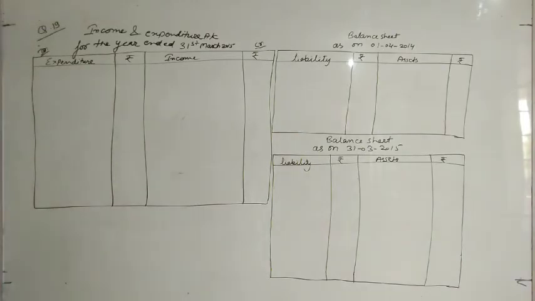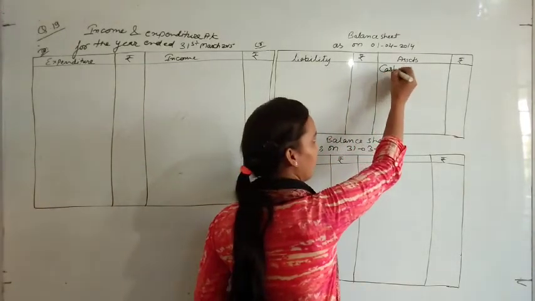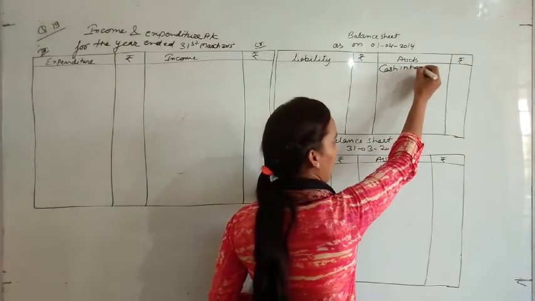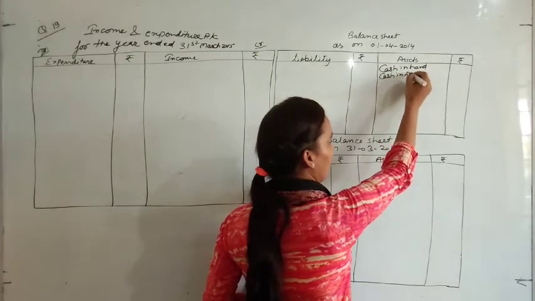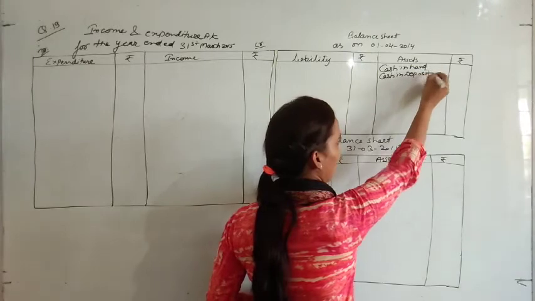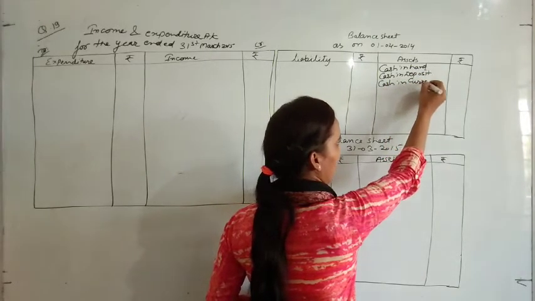To balance b/d, these are the opening balances: cash in hand, cash in deposit account and cash in current account. These three amounts will be transferred to opening capital on the asset side. Cash in hand, cash in deposit and cash in current account.